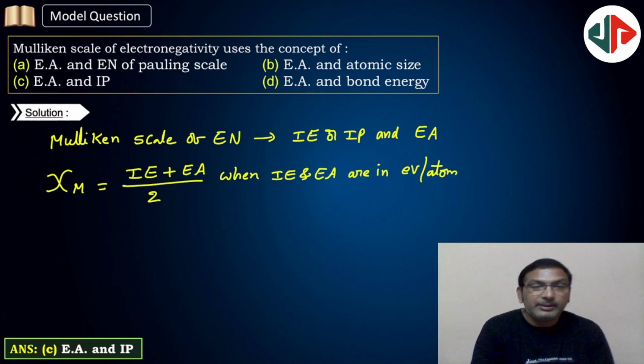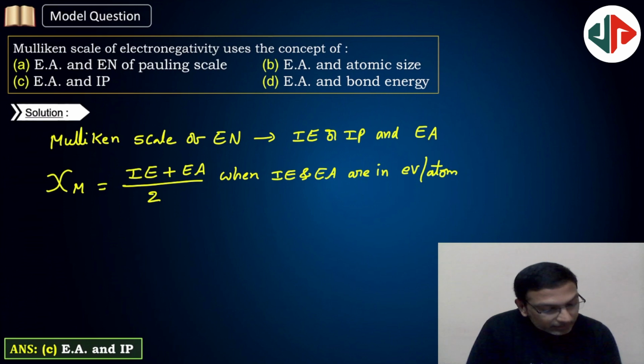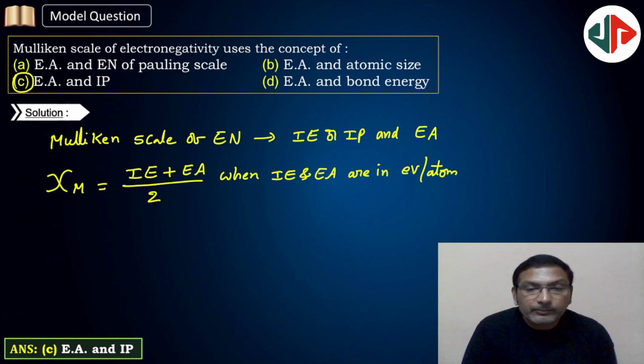This is the direct form, the average of IE and EA. Ionization energy, or you can take ionization potential also. So option C. While the Pauling scale depends on bond energies. Next one.